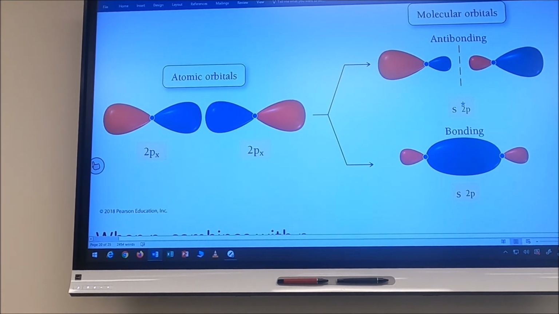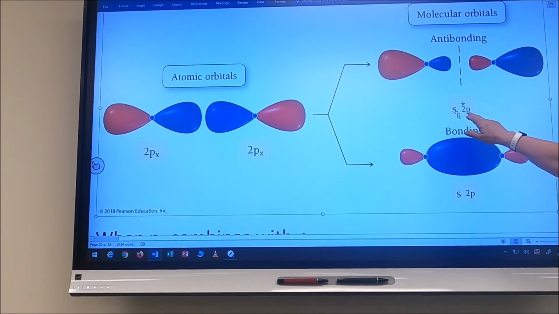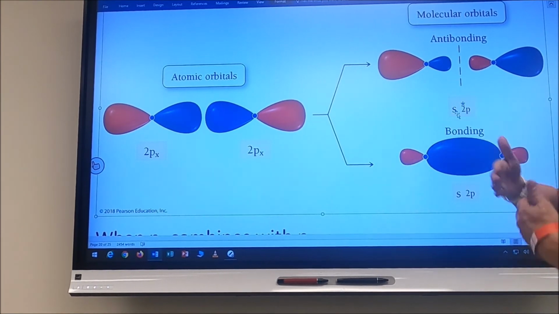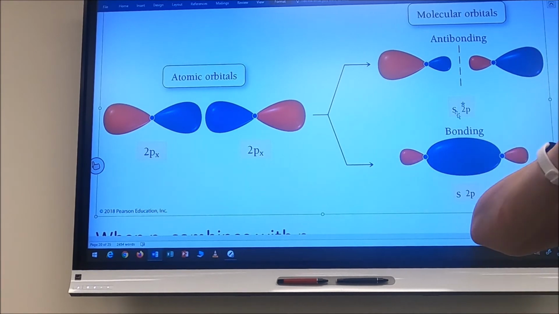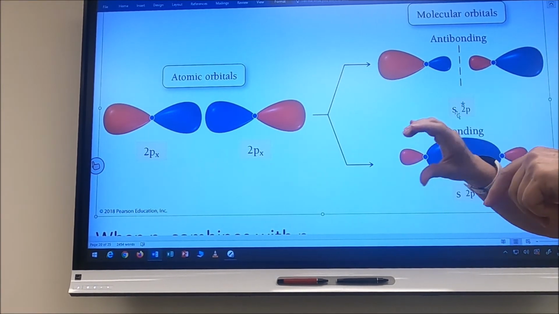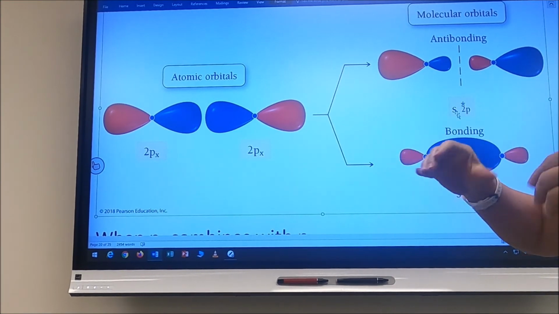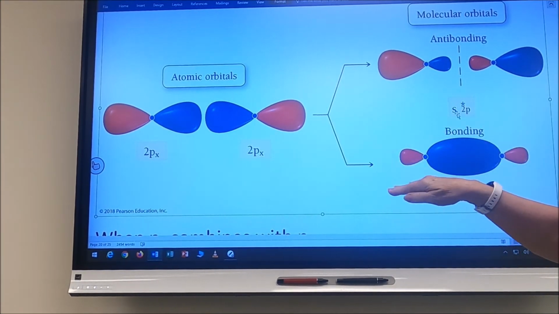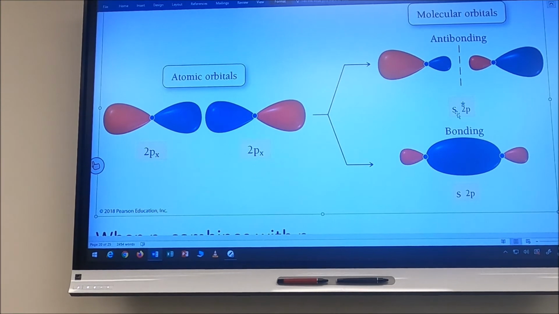Since they're coming at each other end to end, we're going to get, and I'm sorry, but that should be a sigma, not an S, sigma type additions. Sigma additions are always along that barrel that connects the two nuclei. So it's along the line that connects the nuclei.